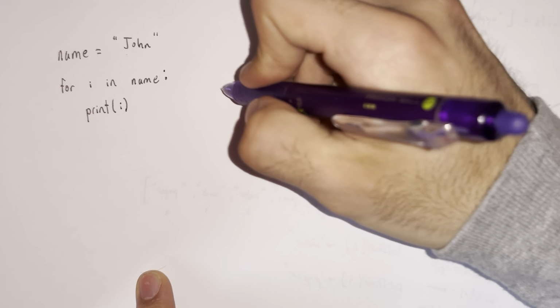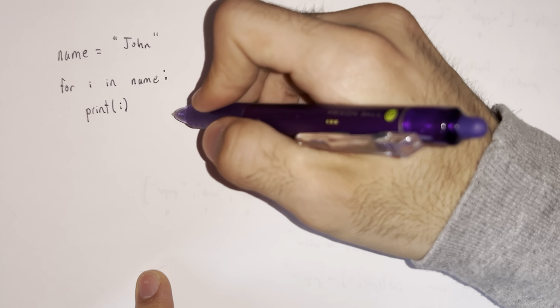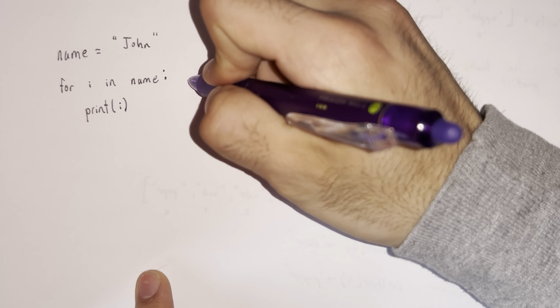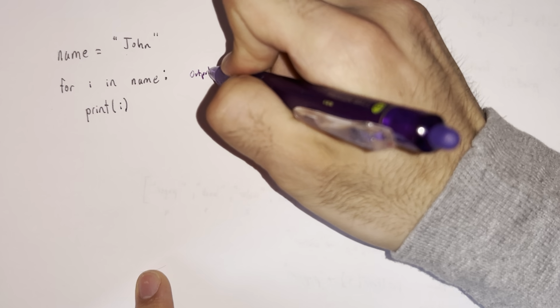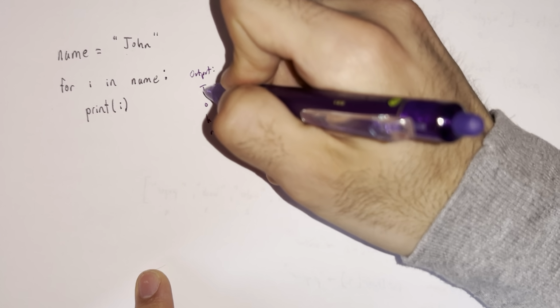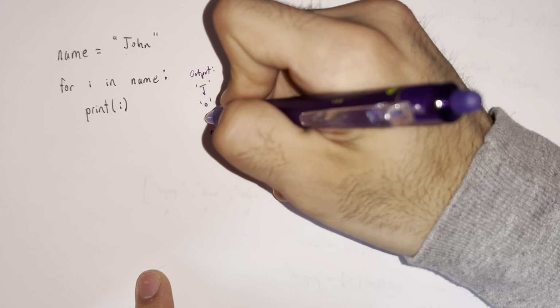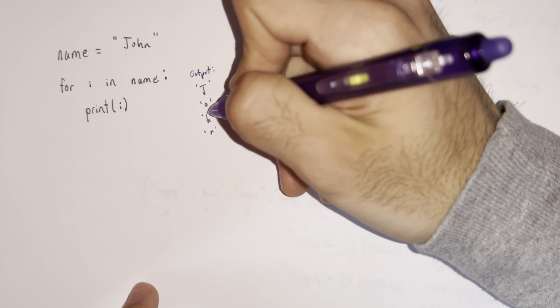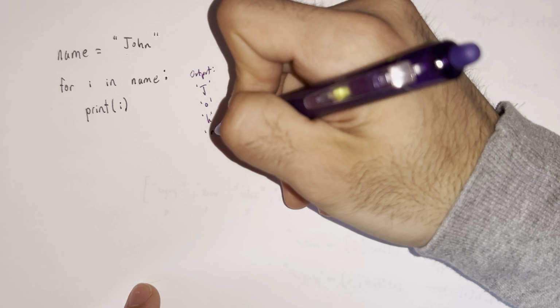So it prints one by one each character. So the output is going to be JOHN. That's the output.